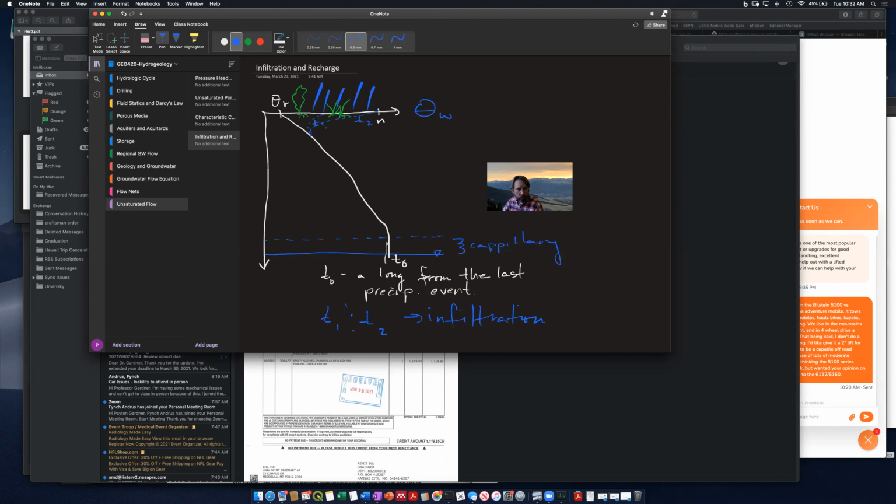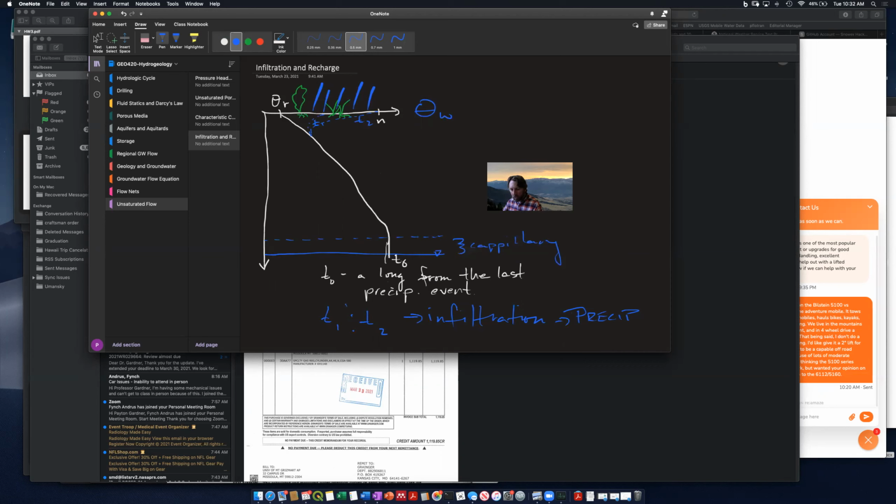T1 and T2, where the water is infiltrating, we have increased saturation at the top. So this is our precipitation time, during the event and just after.